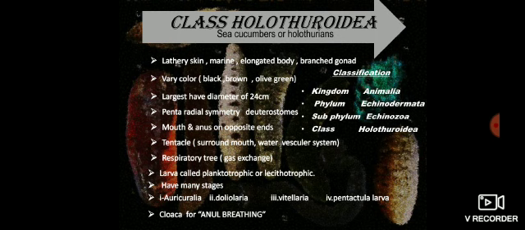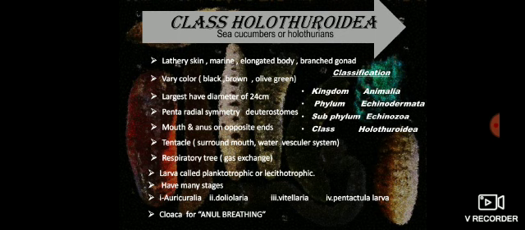This is the respiratory tree. The larva formed in this class is known as the planktotrophic or lecithotrophic larva, and this larva goes through many stages. The first stage is the auricularia, the second is the doliolaria, the third is the vitellaria, and the fourth is the pentactula larva. This pentactula larva undergoes some physiological internal changes and transforms into the adult.